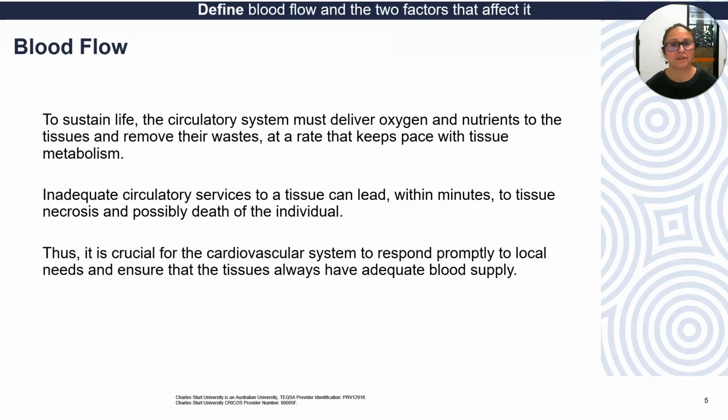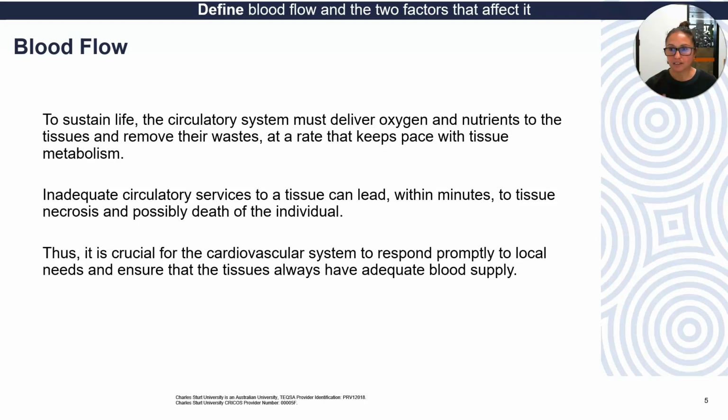Okay, so what we need to understand is that cells need access to blood. So blood needs to be able to flow through the capillary bed at the correct rate.